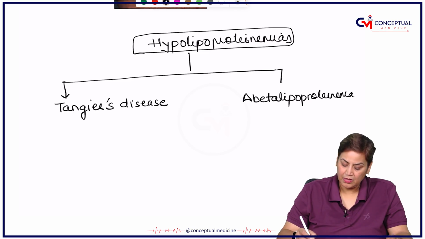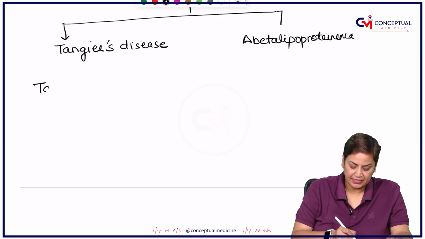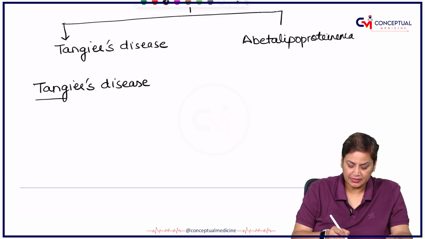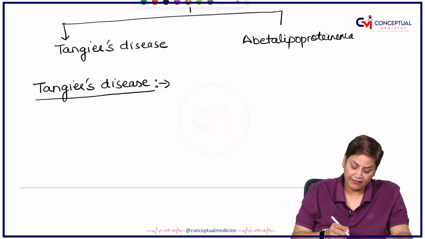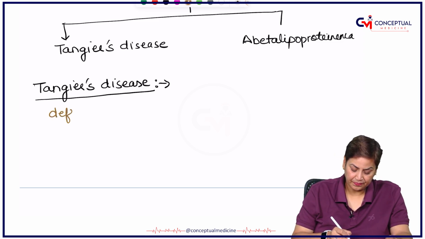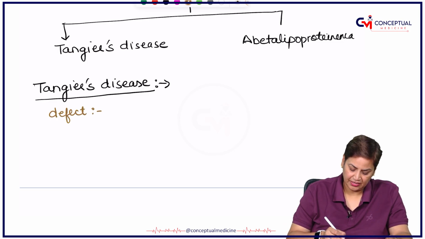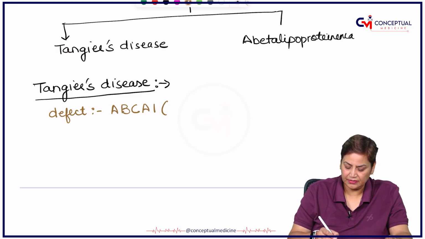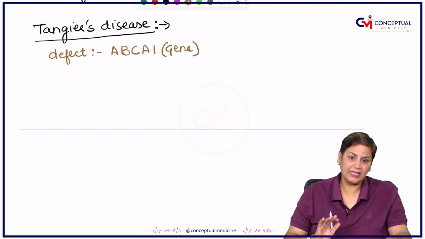Now see, first of all we are going to study Tangier's disease. What happens in this disease? There is a defect in the ABCA1 gene. What is this ABCA1 gene?